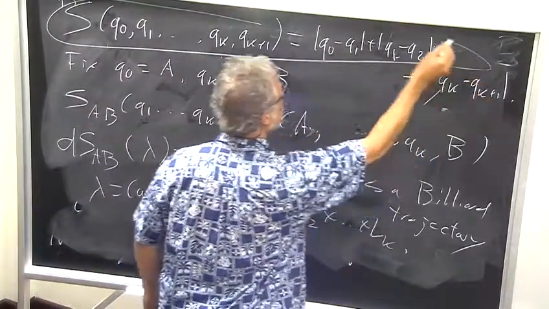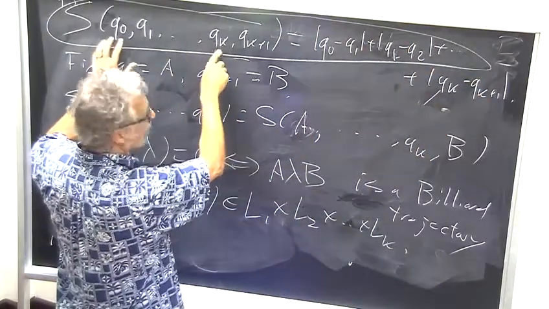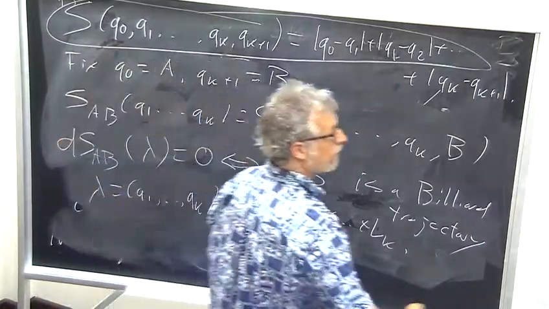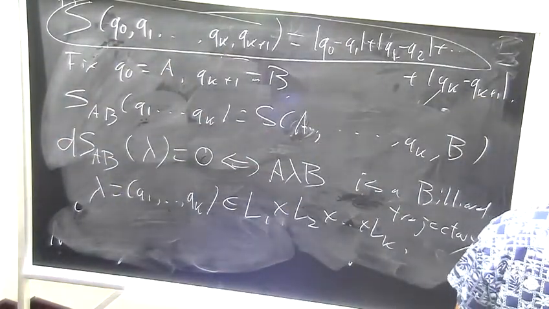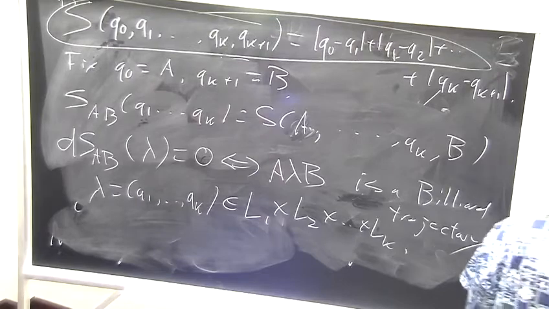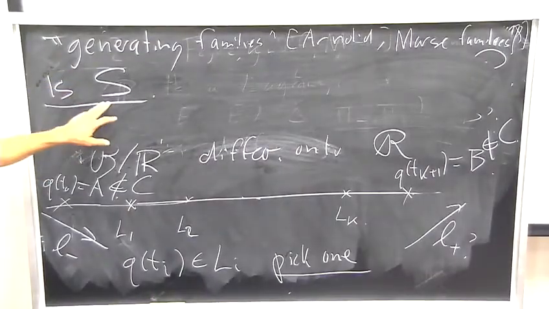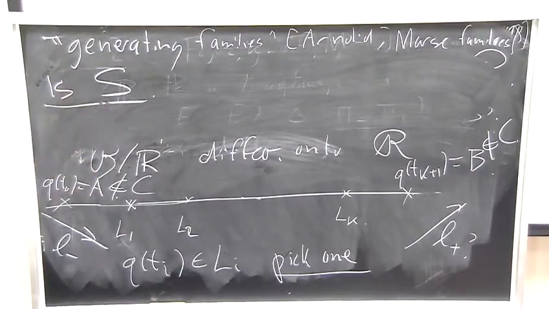So basically, half the theorem comes from this being a generating family. So my grammar is backwards. The S is a generating family, okay?